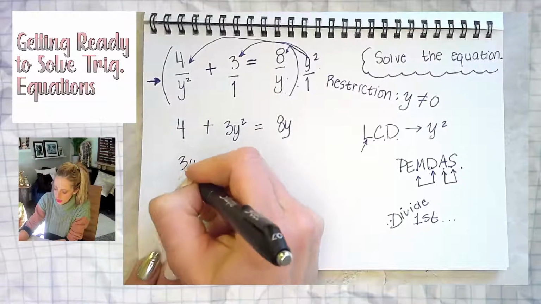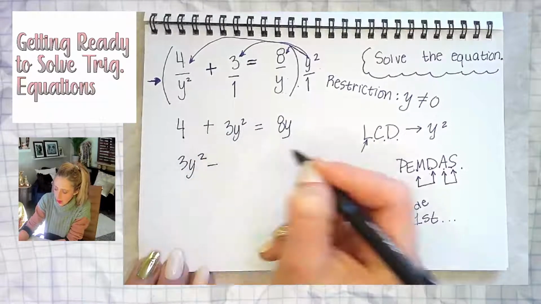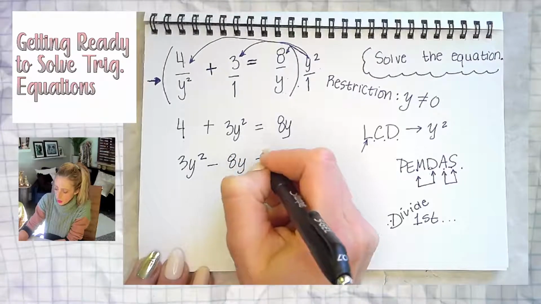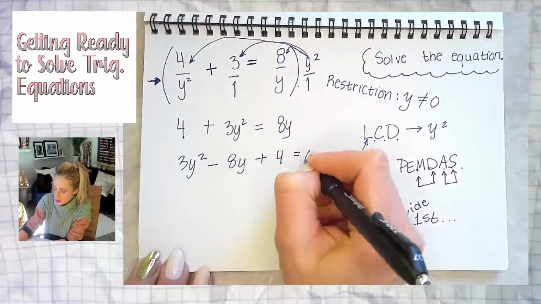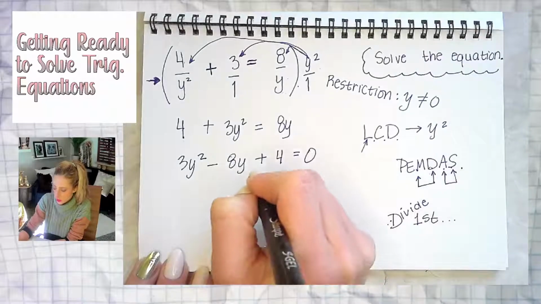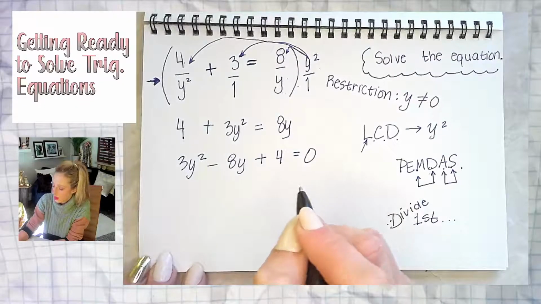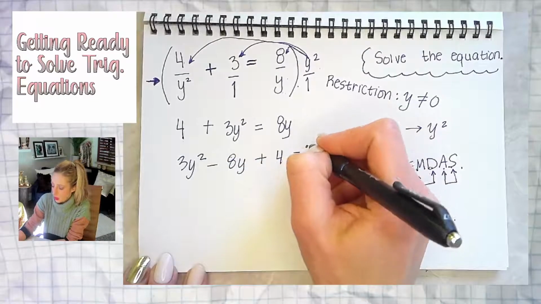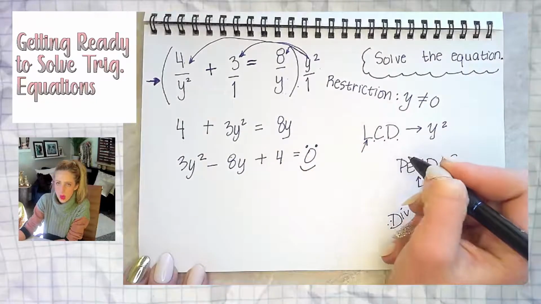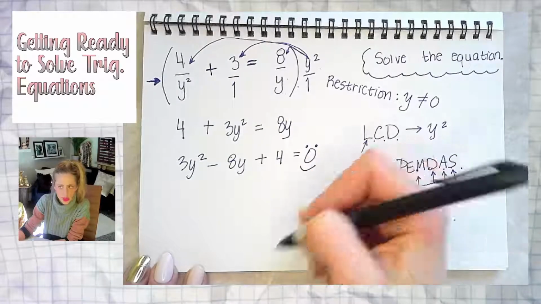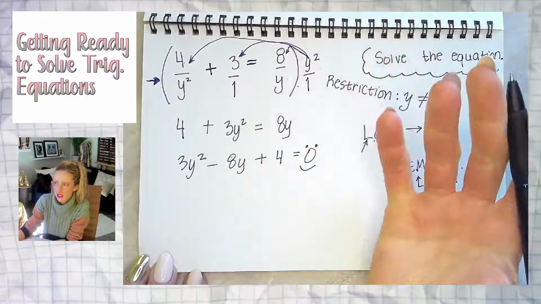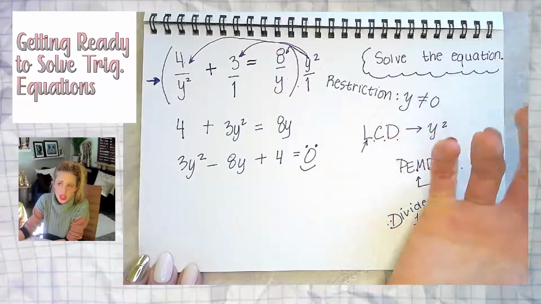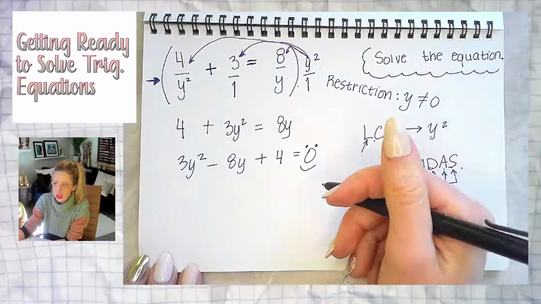So my next step will be 3y squared minus 8y plus 4 equals 0. So that's where I am right now. Then we factor, but in order to factor, we want to make sure we get it equal to our happy little 0. If it's not equal to 0, factoring to solve is more difficult because you can't use the zero product property unless it's 0.